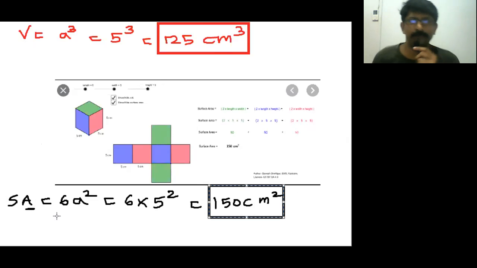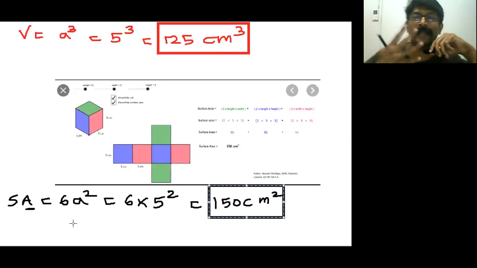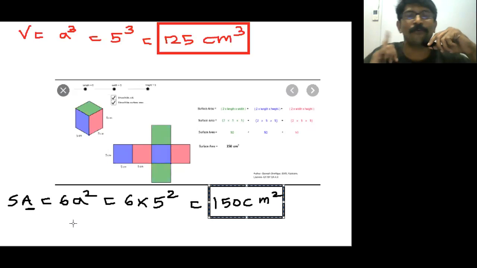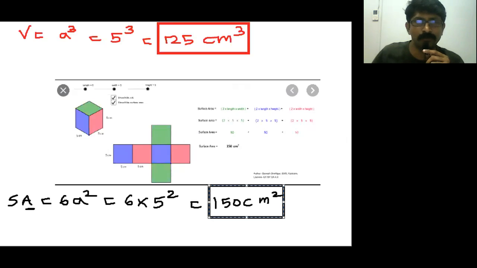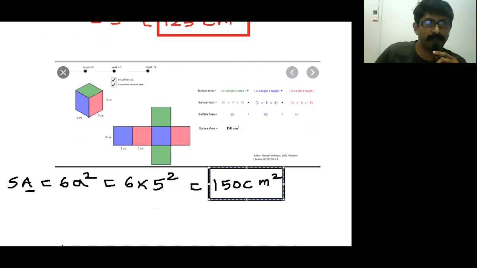And now, if someone asks you to calculate lateral surface area or area of four walls, in that case the green one, the top and the bottom, is supposed to be ignored. Students, understand what I'm trying to tell you. So in that case, what will be the lateral surface area or area of four walls? I'll write it down over here, area of four walls.